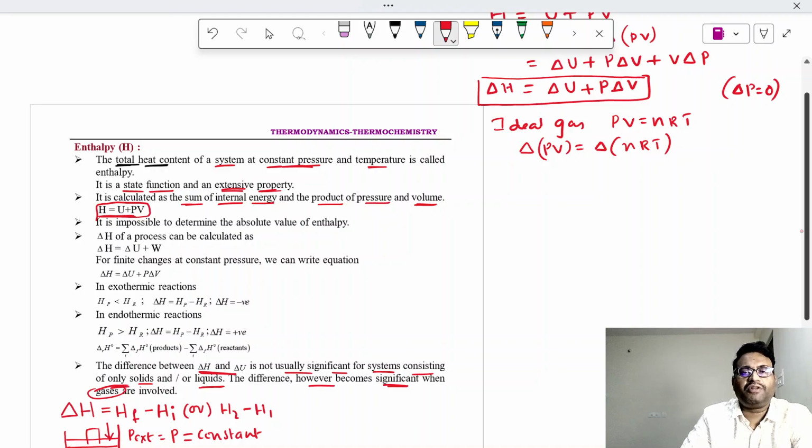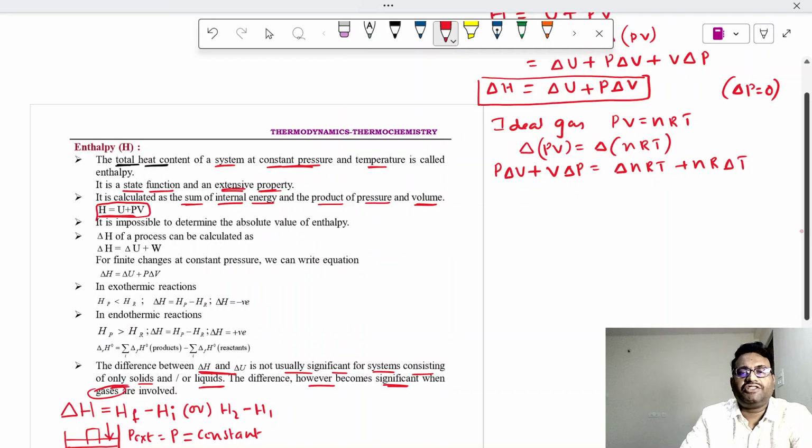So delta PV can be written as P delta V plus V delta P is equal to delta nRT plus nR delta T. R is constant. Who can change? The number of moles changes, temperature can change.